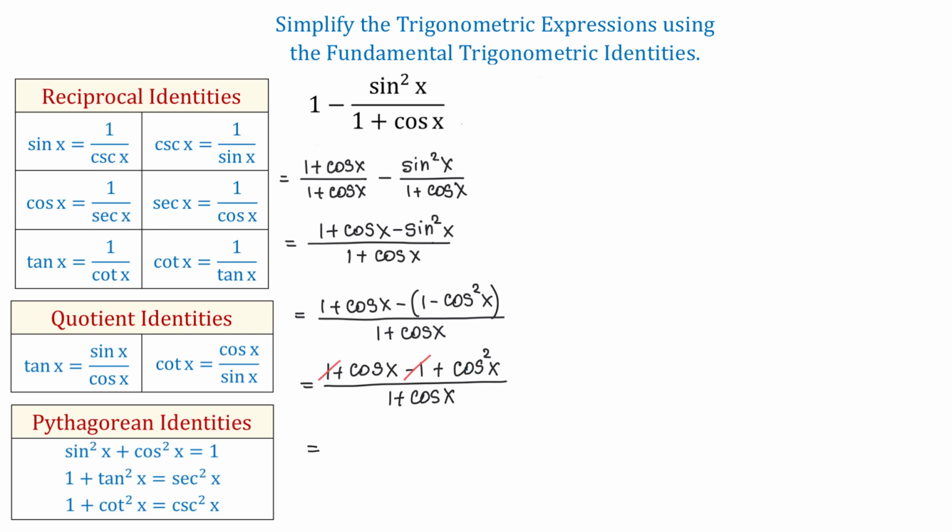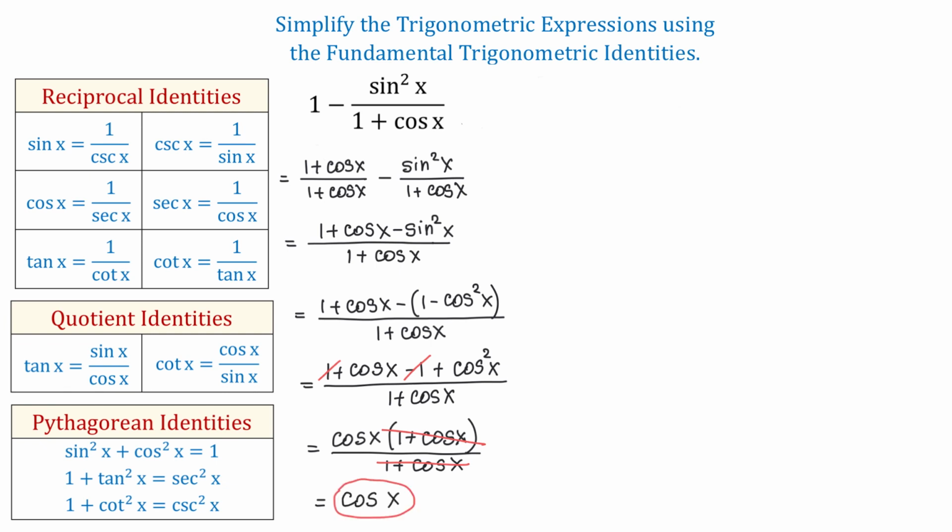Then we will have cosine of x times 1 plus cosine of x, all this over 1 plus cosine of x. And now we will cancel 1 plus cosine of x, and the result will be cosine of x.